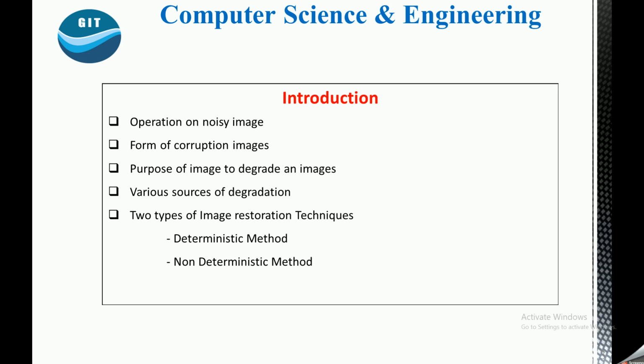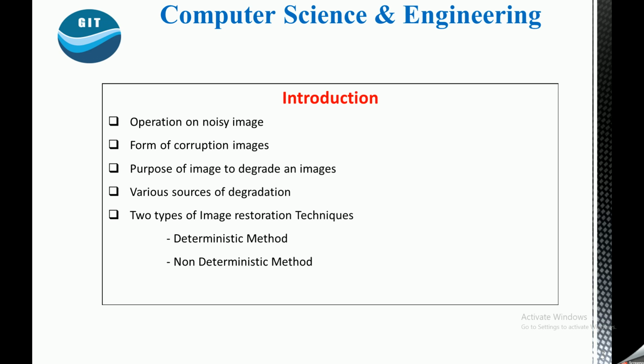There are various sources of such degradation, which may be grouped into the following categories: point degradation, spatial degradation, temporal degradation, chromatic degradation, and fifth, a combination of all the above, which are discussed here.